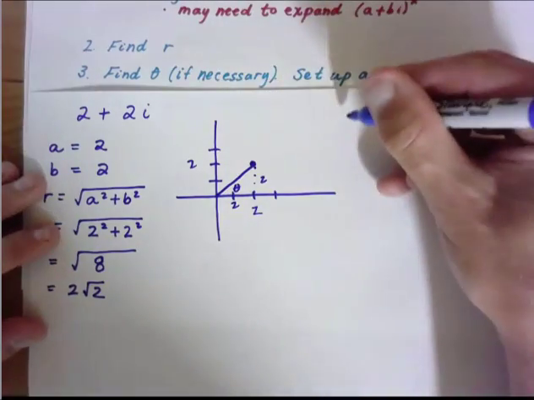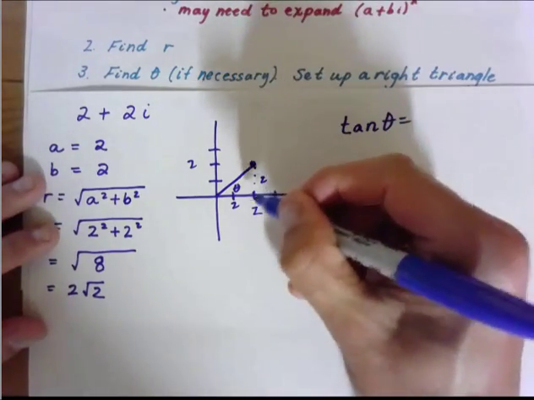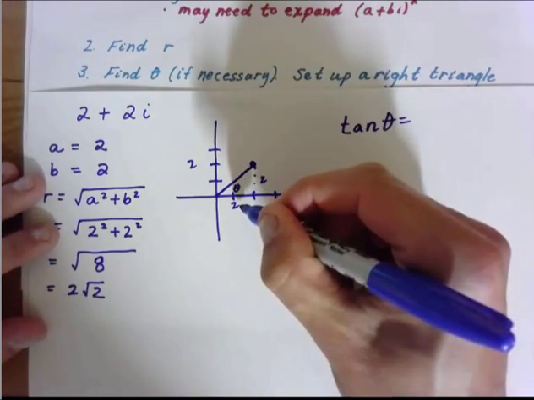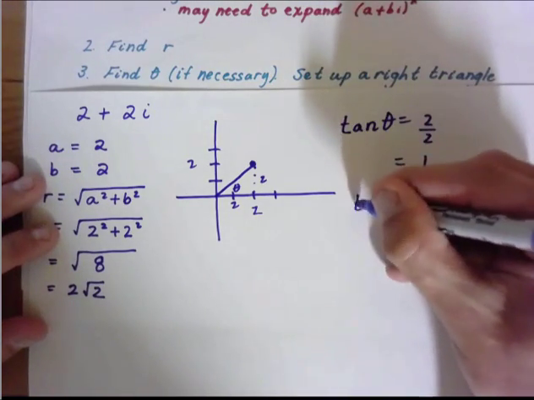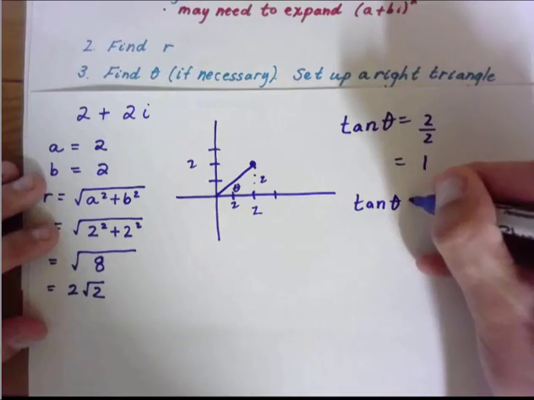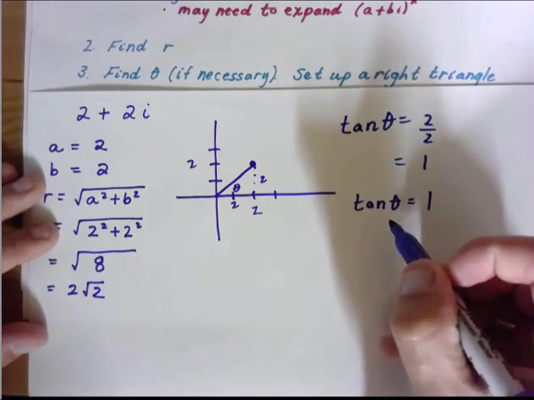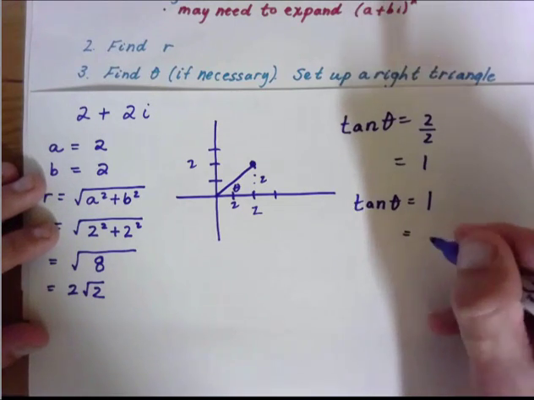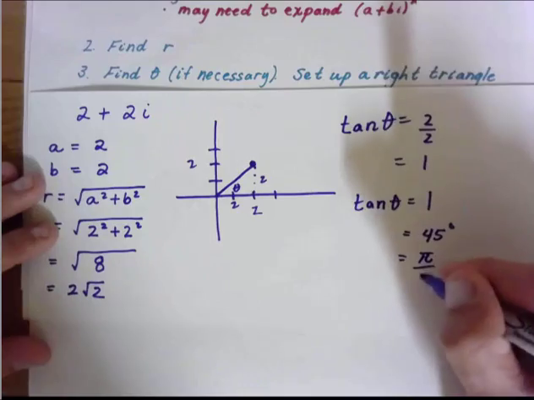We're going to use the tangent of theta is equal to opposite over adjacent, which is 2 over 2, which is 1. So now you're asking what angle theta gives me a tangent of 1? Well, that's where cosine and sine are equal. So this is actually 45 degrees or pi over 4.